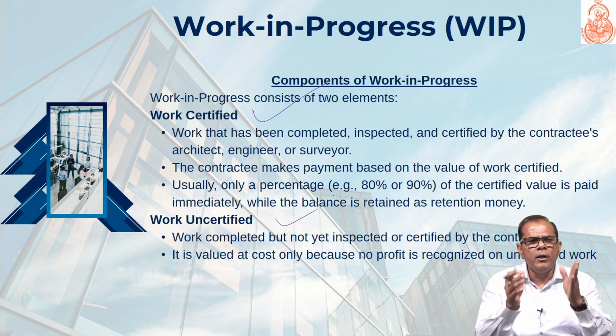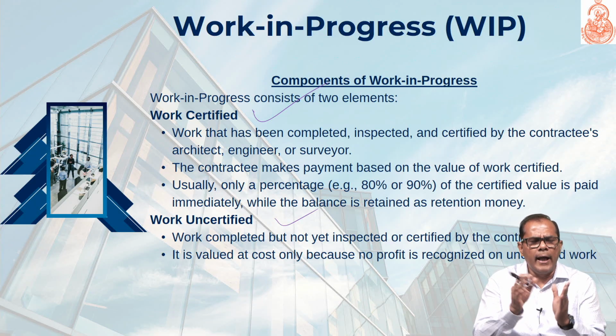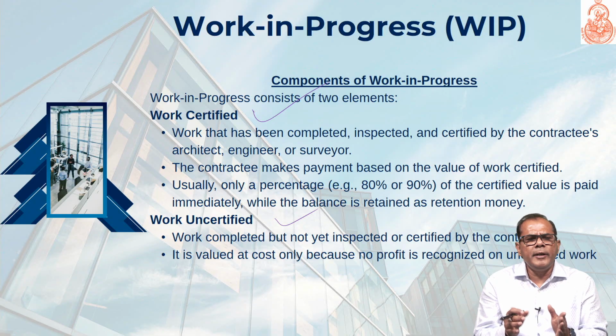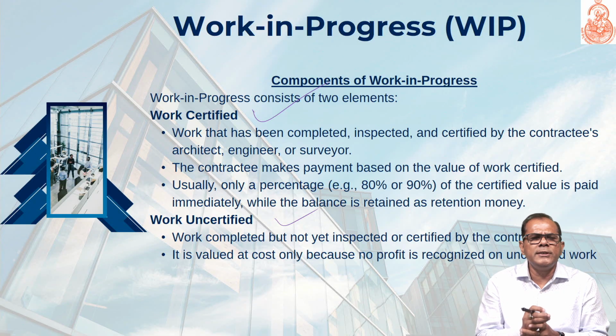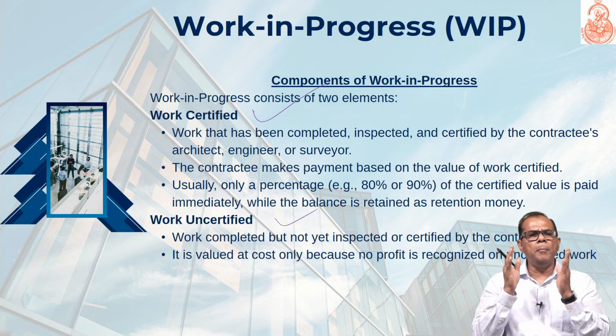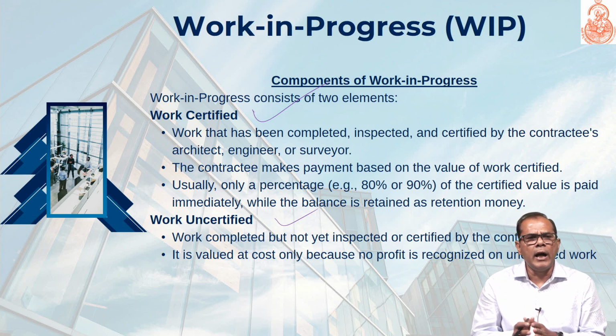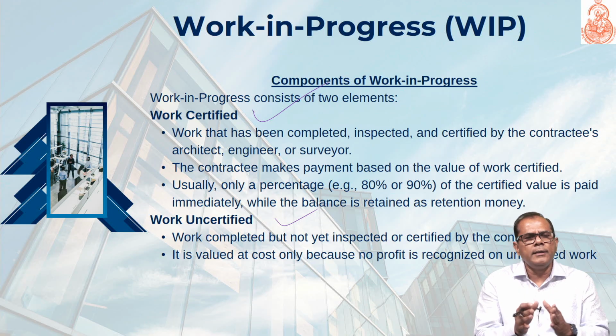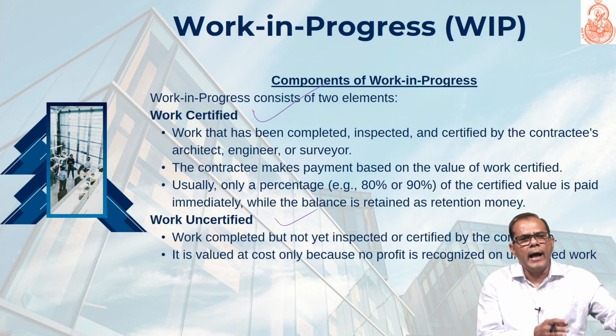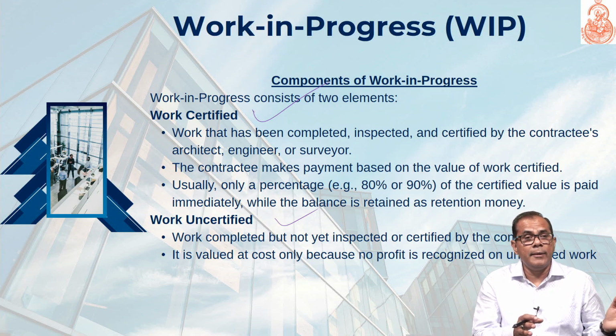Work certified, as I have already discussed in the previous lecture, represents that portion of work which is certified by a competent authority or a professional out of the total work done by the contractor, as the contractor is claiming.